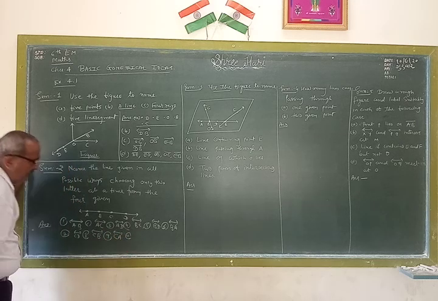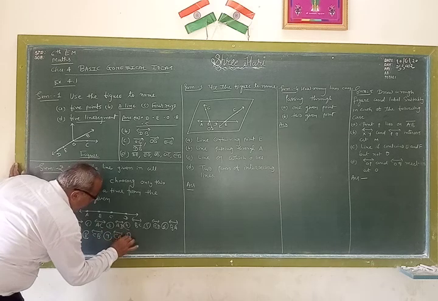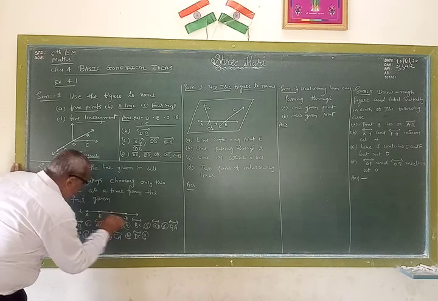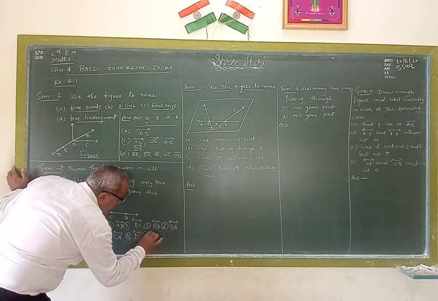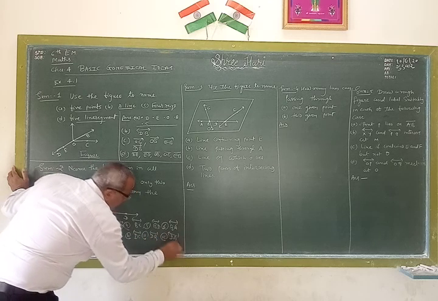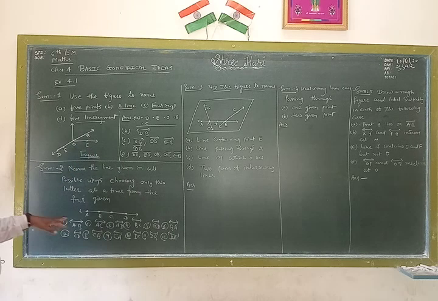Then with the help of D, 10, line DC. 11, line DB. And line DA. Possible lines are 12.